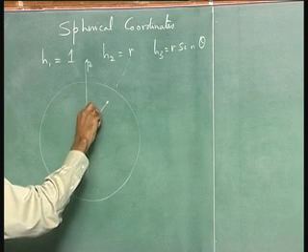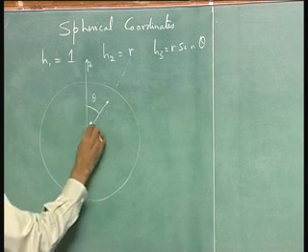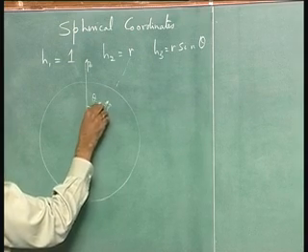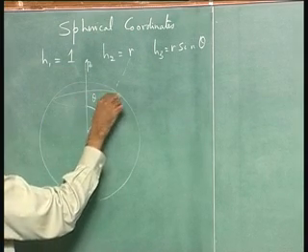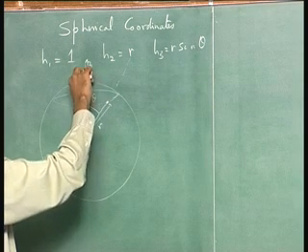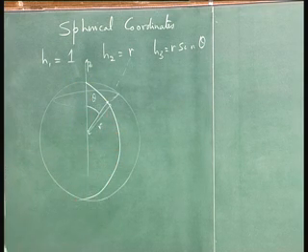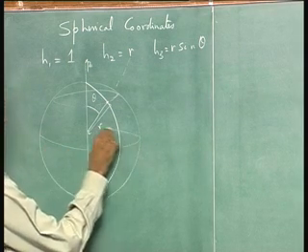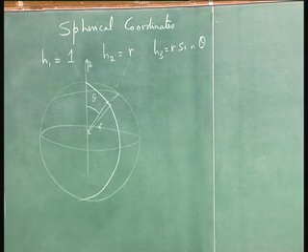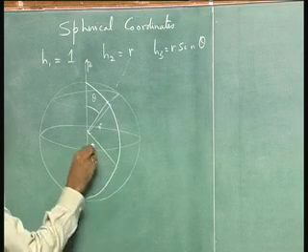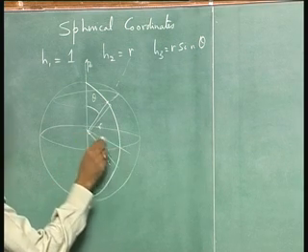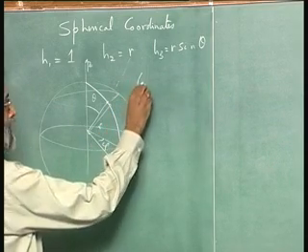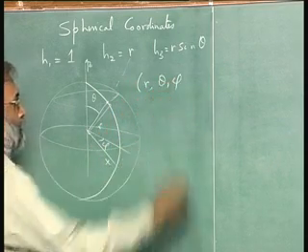The angle made with the z axis is theta. The distance from the origin is r, and if you draw a great circle through that point and see where it intersects the equator and find its angle with the x axis, this angle is phi. So, the coordinate system is r, theta, phi.